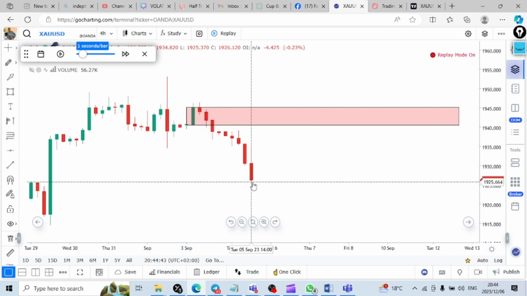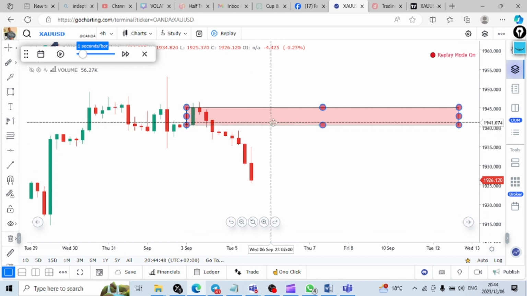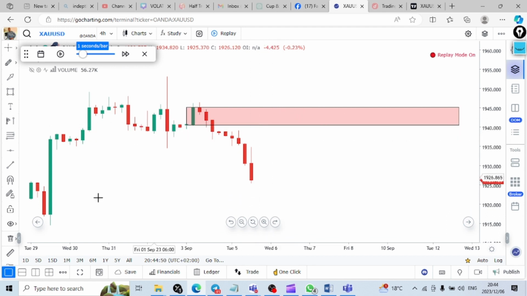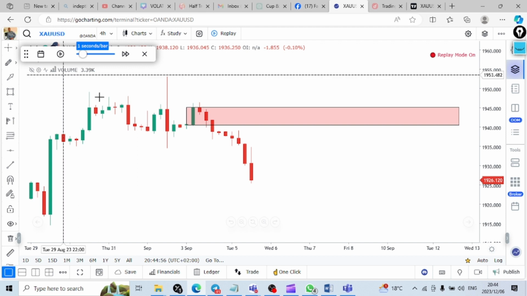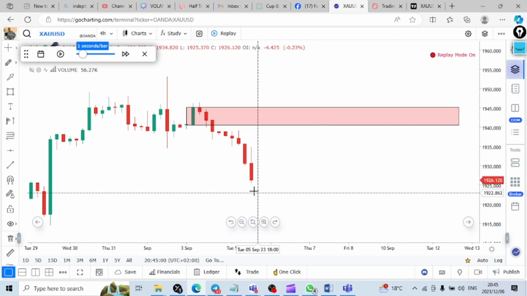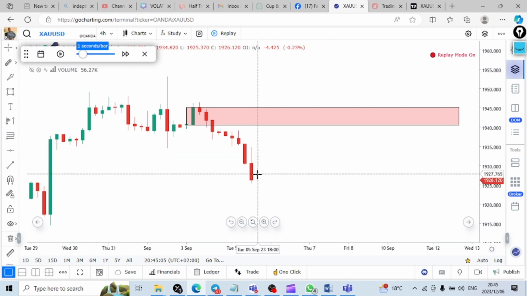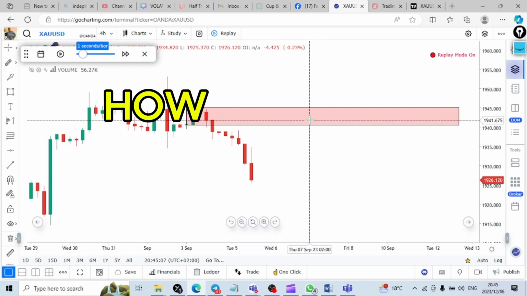So they will manipulate the price again to move upwards, tricking most retail traders, because they will see that the price is now bearish, the price is coming down. Most retail traders who have the problem of FOMO, fear of being left out, will just quickly jump into the trade, assuming that the price is now moving downwards. And then they will manipulate the price again to come back to this particular area.